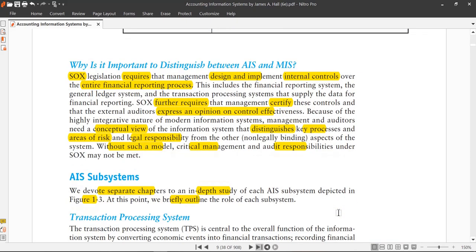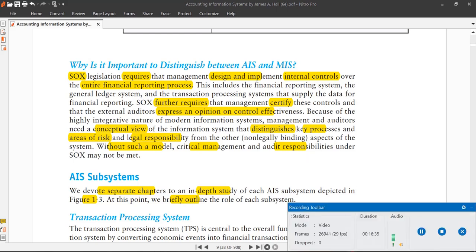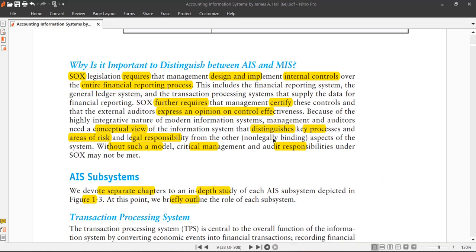So, sabi dito, why is it important to distinguish between AIS and MIS? So, ba't nga ba? Okay. So, guys, ini-highlight ko na yung mga gusto kong i-emphasize. Ang sabi, SOX legislation. Ano ba yung SOX legislation? So, guys, again, kung may bagong terminology, isipin nyo lagi, this is a foreign author subject.